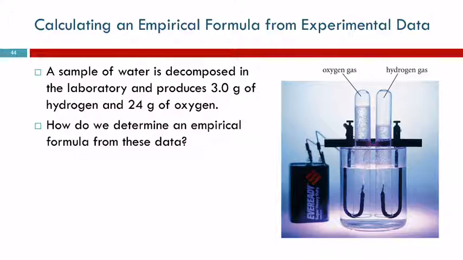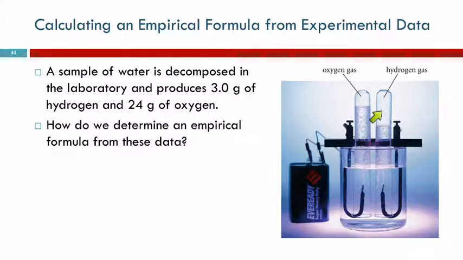Here's an example. You can actually use a 9-volt battery to decompose water into its elements. So here we have leads coming from the battery into a beaker, and we have 2 test tubes here to collect the hydrogen and oxygen gases that are released. And here we see we have some oxygen gas forming here and some hydrogen gas forming there.